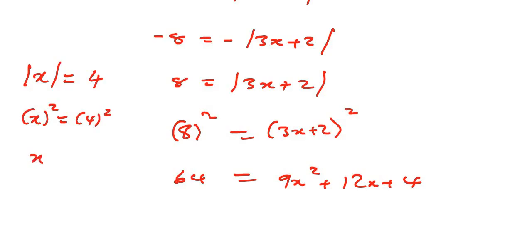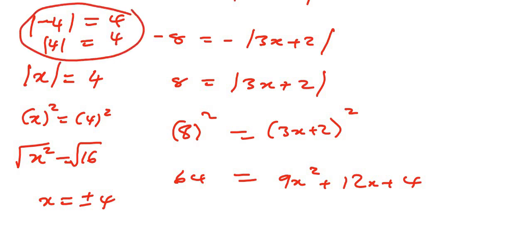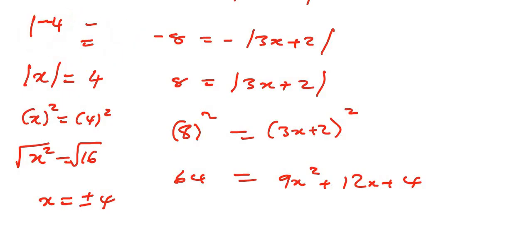Because when you are back here, x could have been either plus or minus 4. If you put modulus of negative 4, the answer is 4. If you put modulus of 4, the answer is 4. So squaring ensures that we cater for everything that has to do with the modulus. So we replace the modulus with squaring both sides.